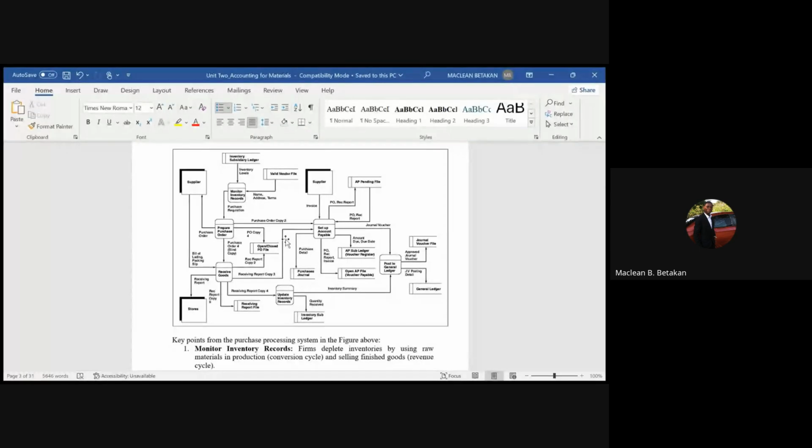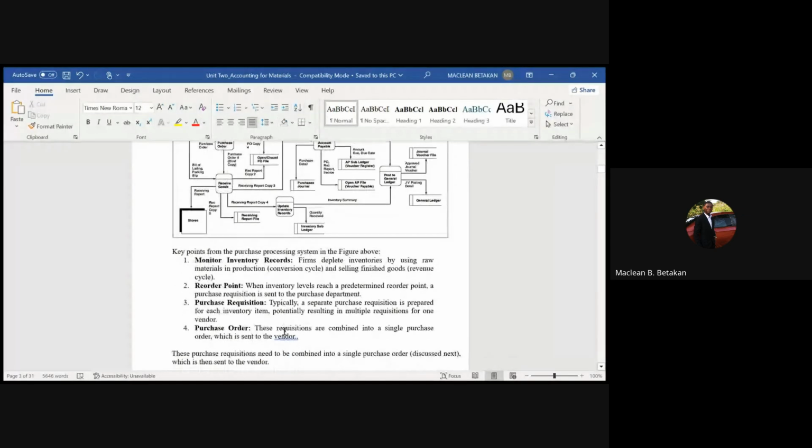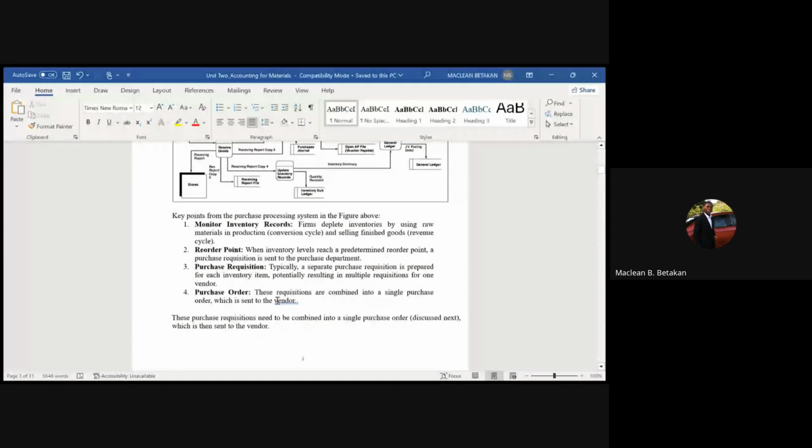From the supplier, you receive the goods from the supplier, then you need to also file the report, and then the report will go back to the supplier. So the systems are interrelated, but every organization prepares its systems differently. These are samples of it. So you can look at it and see what lessons you can get from this diagram.